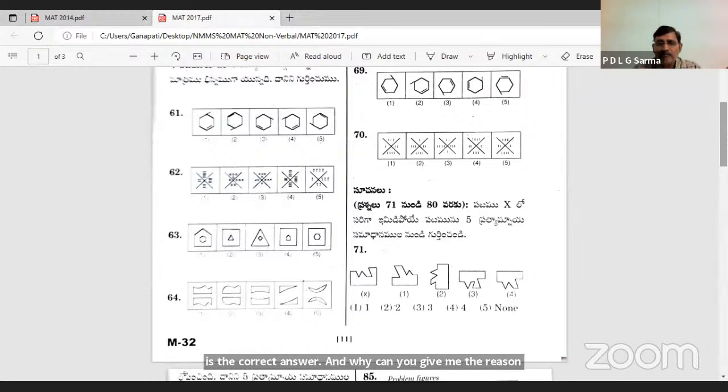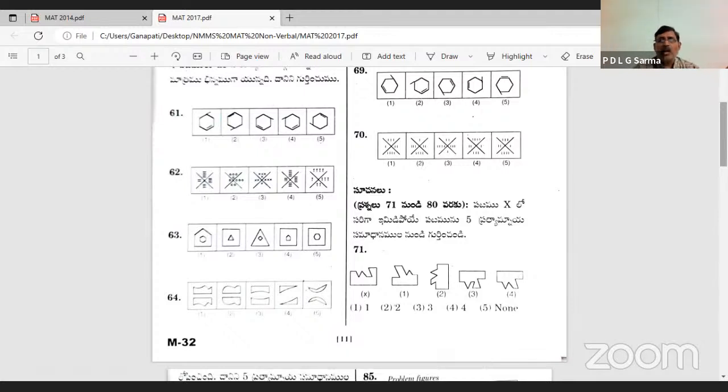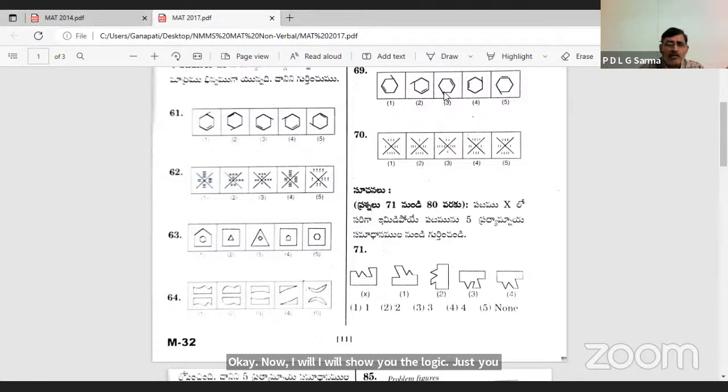Why 5? Why 5, Bharat? Can you tell me the reason? Less number of arrows. Okay, now I will show you the logic. Just you go for it and you will understand what I'm trying to convey to you.